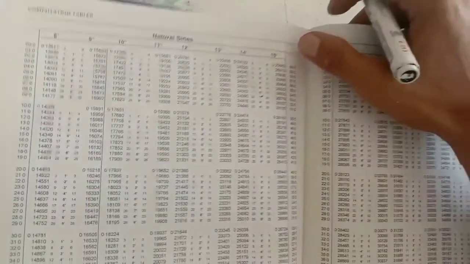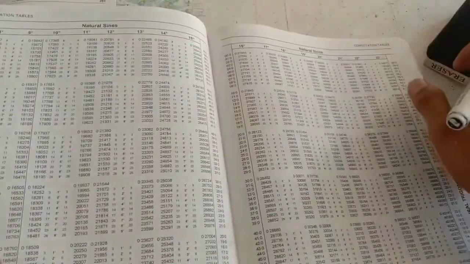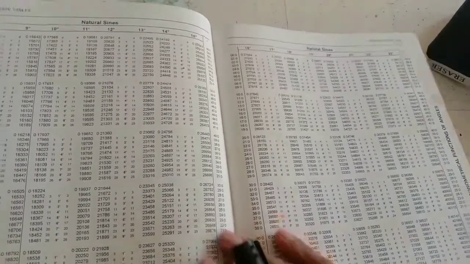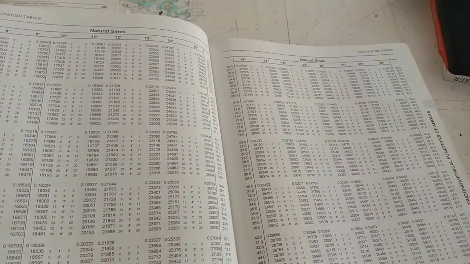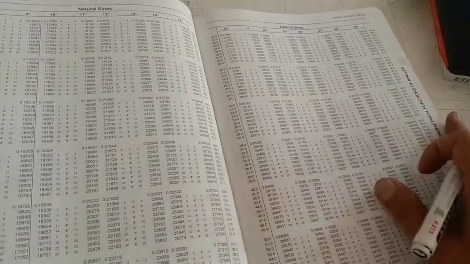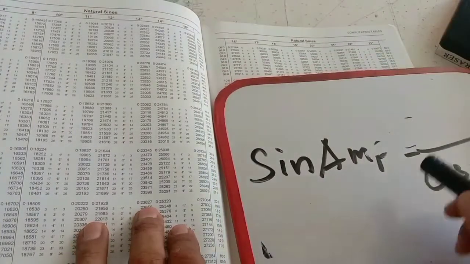So, pupunta tayo doon sa table na 13 degrees. So, yan yung 13 degrees. Then, hahanapin natin yung minutes niya. Ilan yung minutes niya? Is 40 minutes. So, nandito. 40 minutes.